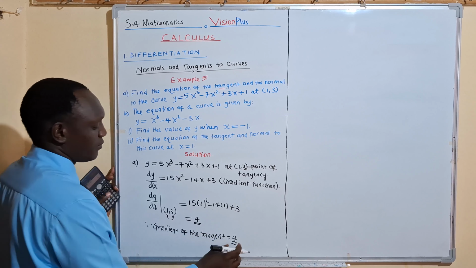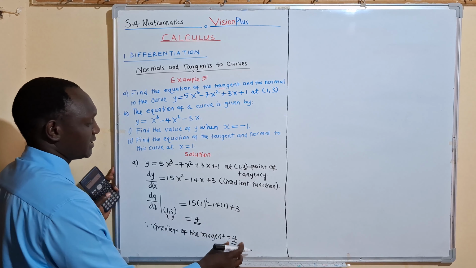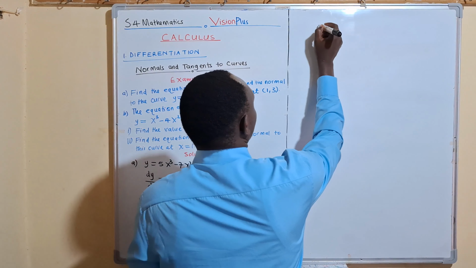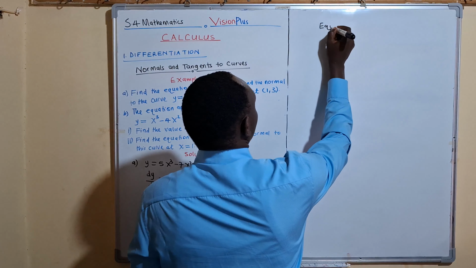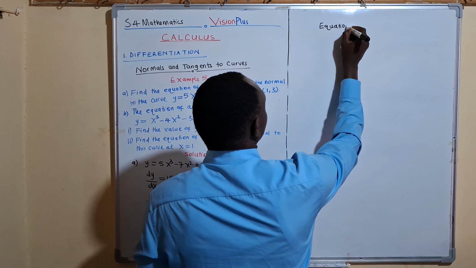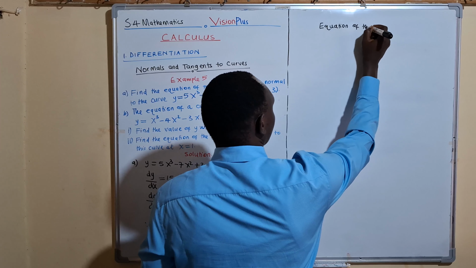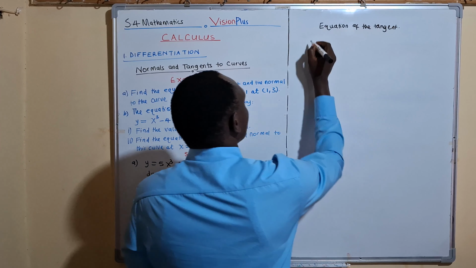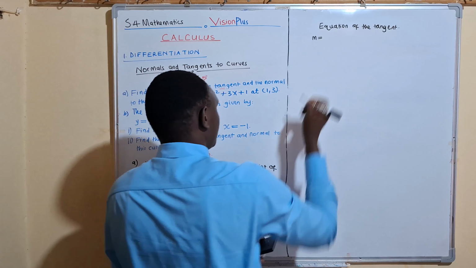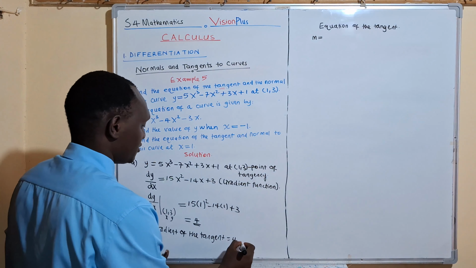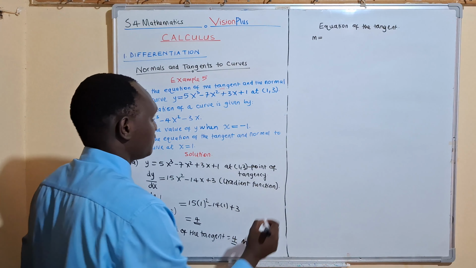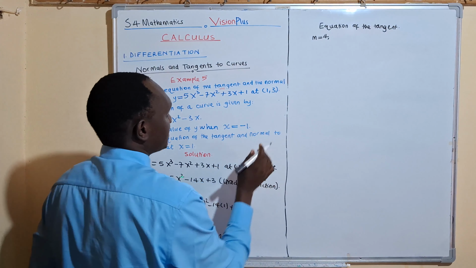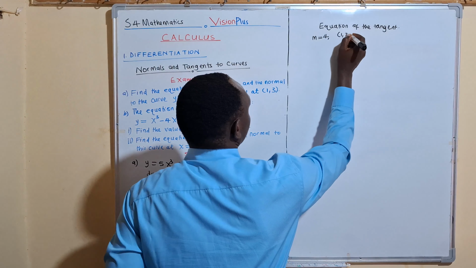Now, when we know the gradient of the tangent and one point on the tangent, then we can find the equation of the tangent, simply because the tangent is a line. So we have m, the gradient of the tangent, which is 4, and the point on the tangent, which is (1, 3).